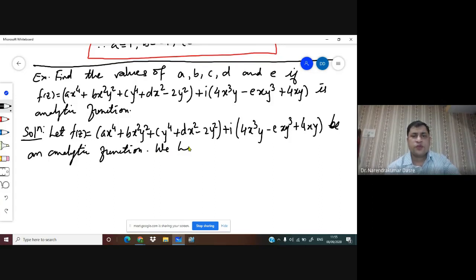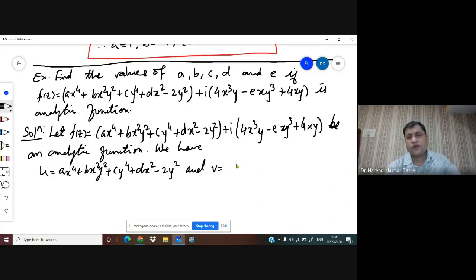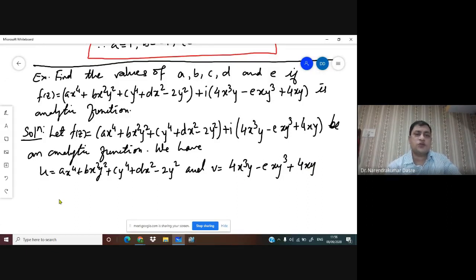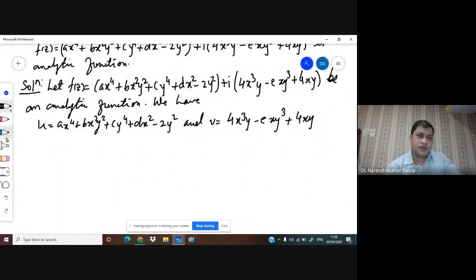So the real part is u, which is ax raised to 4 plus bx square y square plus c y raised to 4 plus dx square minus 2y square, and v is 4x cube y minus e xy cube plus 4xy. These are the real part and the imaginary part.